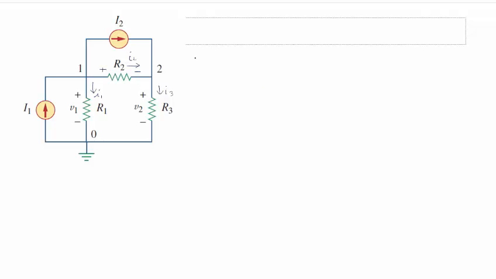So let's write the KCL at node 1. If I write KCL at node 1, I have current going in and 2 going out. So current in equals current out. I equals I1 plus I2. And then I1 I can write as voltage here minus voltage here divided by R1.